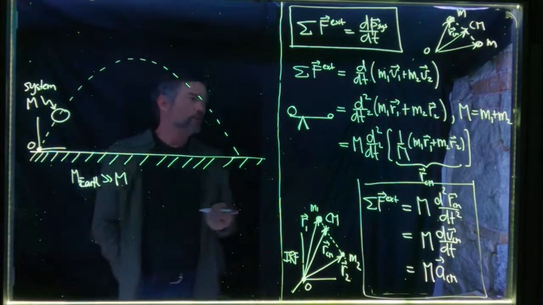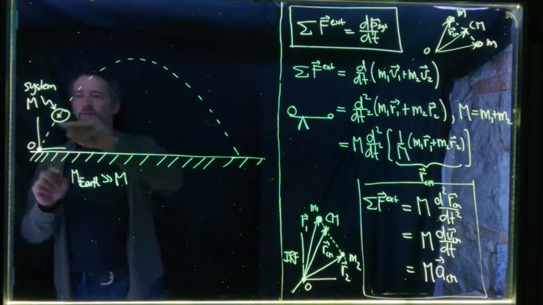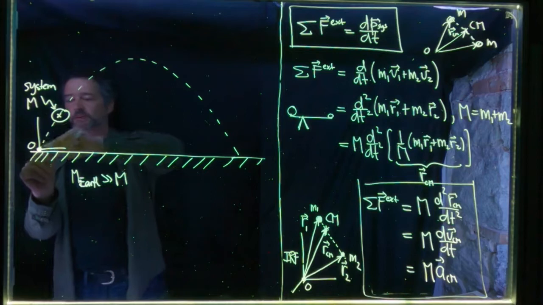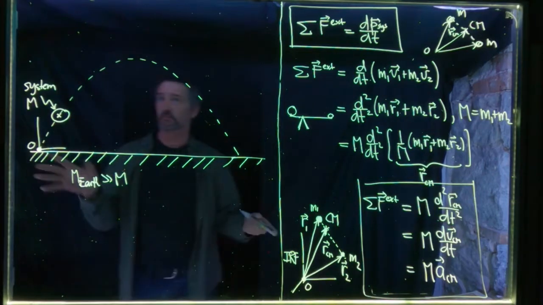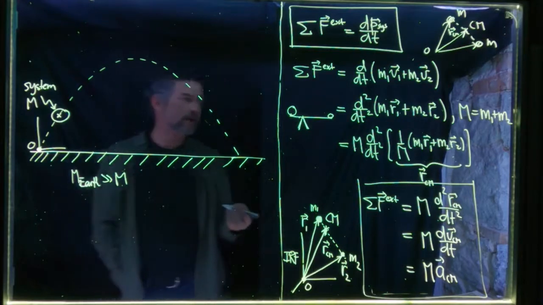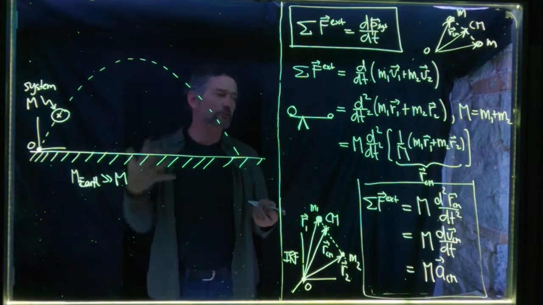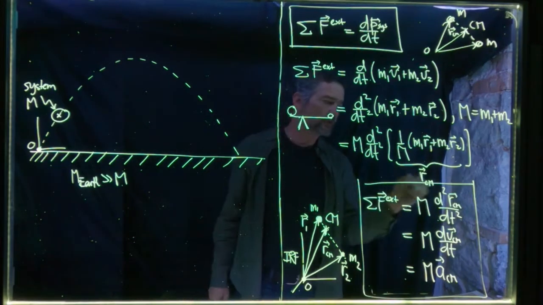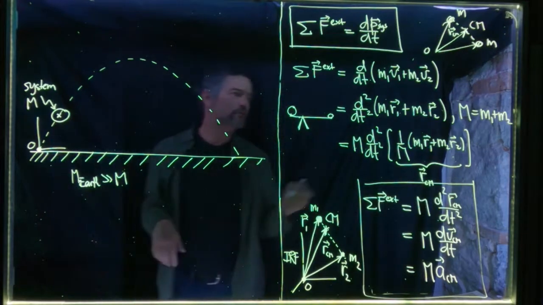Now what we want to do is track the center of mass of that system of particles, of that projectile, which is going to move along this parabolic trajectory if nothing happens, okay? So we want to track the location of that center of mass point, and we do that with this RCM vector, a vector which points from the origin to the location of the center of mass point.